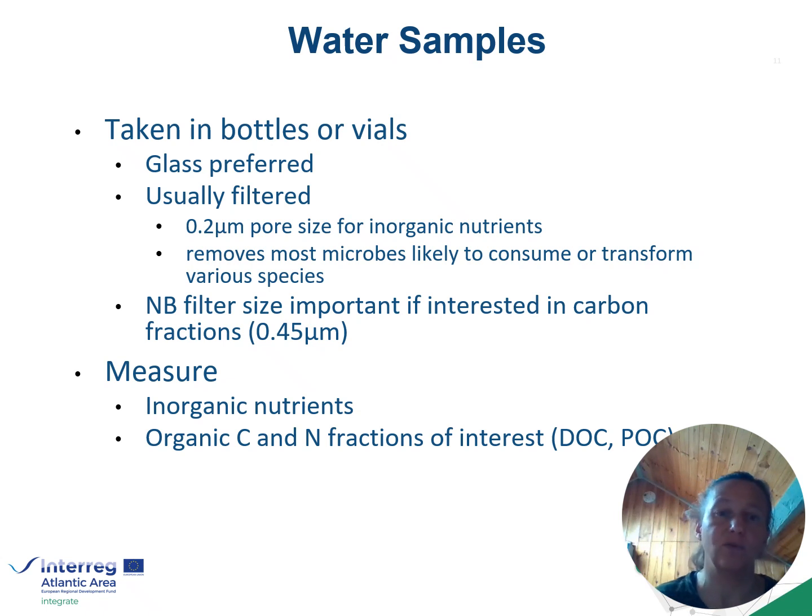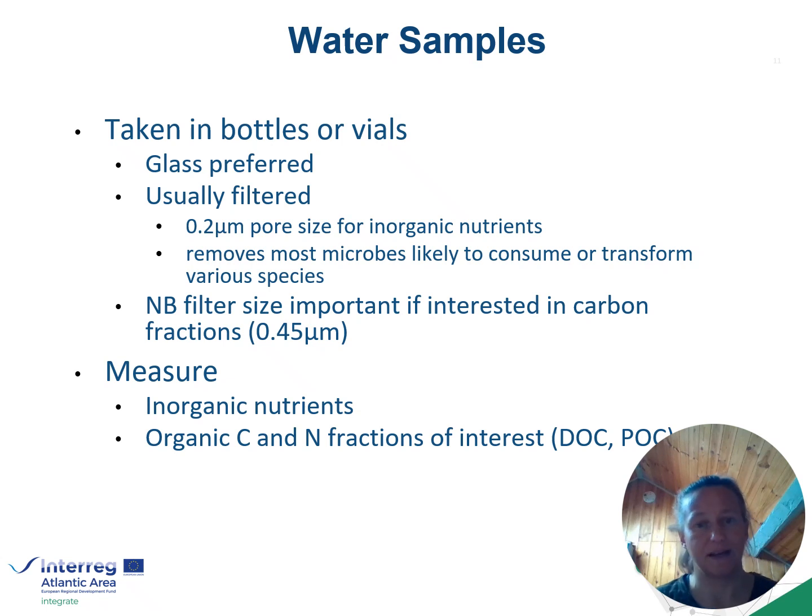And for dissolved inorganic nutrient sampling, we would usually filter at 0.2 micron pore size. And that's because it removes most of the microbes likely to consume or transform various species of nutrients.